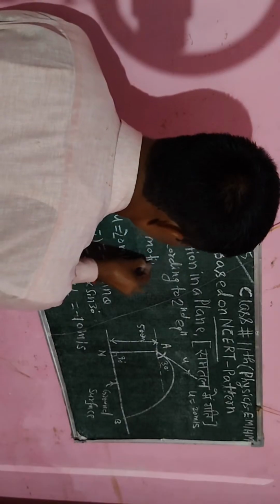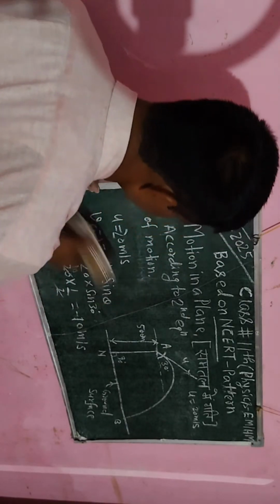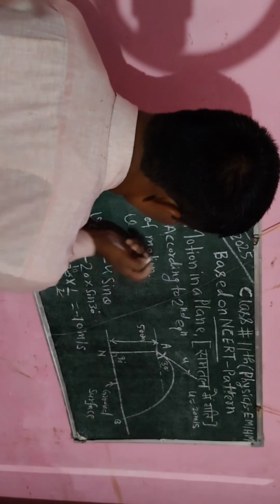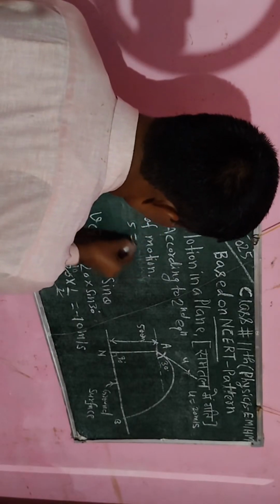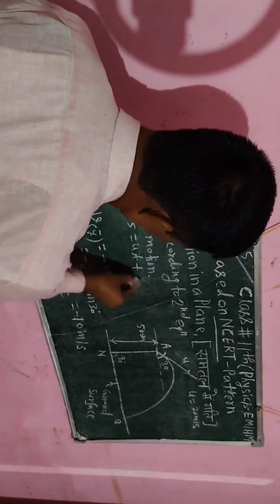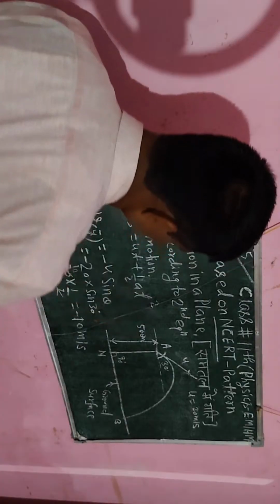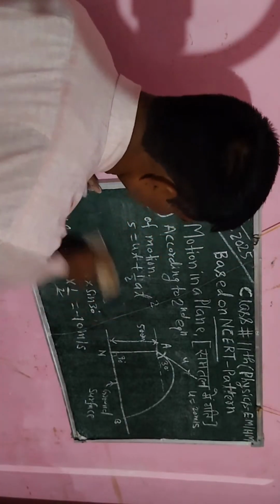According to the second equation of motion I have to write here s is equal to ut plus half at square. This is the second equation of motion. Now I will simplify here.